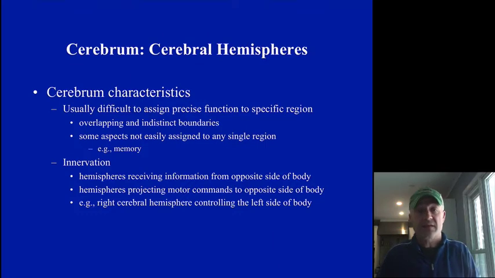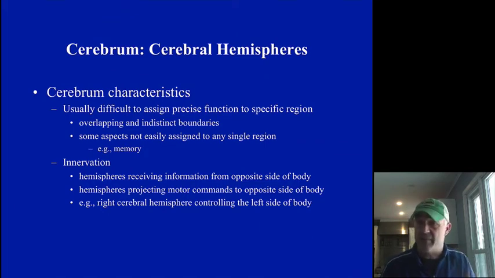But that plasticity is generally early on in life, and by the time you're college age or my age, if you were to lose part of the cerebral cortex, other regions generally won't be able to take that over.